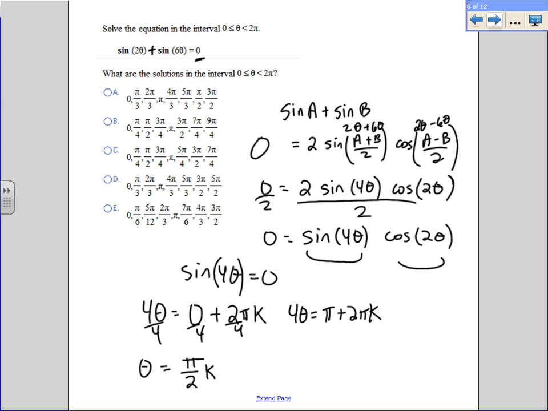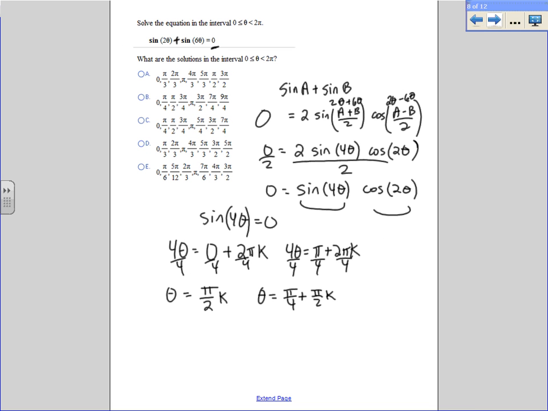And now in just a minute, we're going to have to let k be all those multiples, like -1, 0, and so forth. Now, let's look at my other one. Here, I'm going to divide by 4 here. And so we'll get theta to be here pi over 4 plus pi over 2 times k. All right, so notice we're going to have to let k equal certain values.